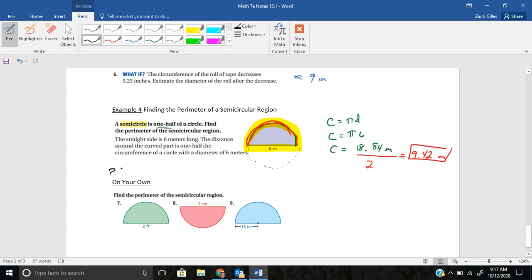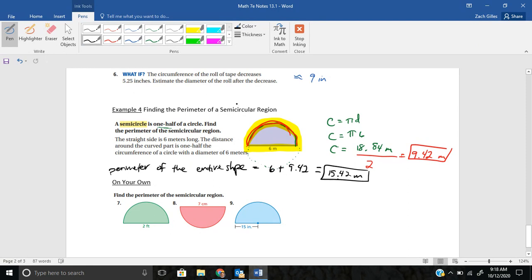So the perimeter of the entire shape would be 6 plus that 9.42 of just this region, and that would give us 15.42 meters.